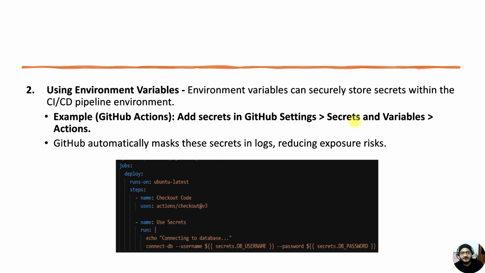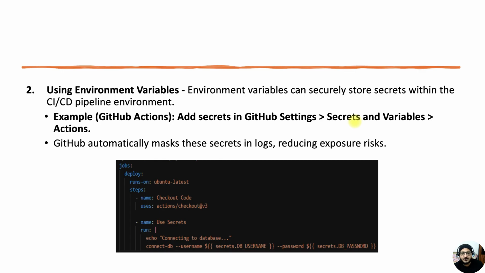But if you are using a variable group it will be centralized, and then you can create tokens of those particular credentials which you want to store in your variable group or in a pipeline variable.